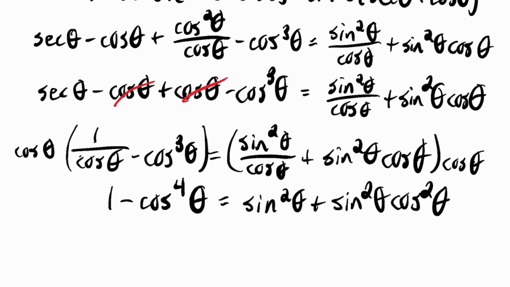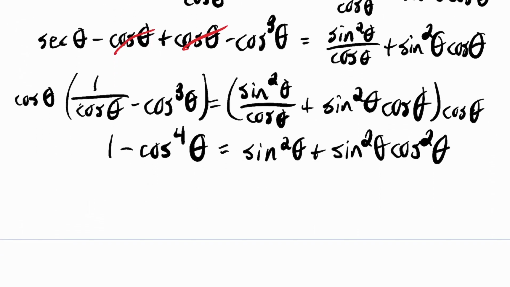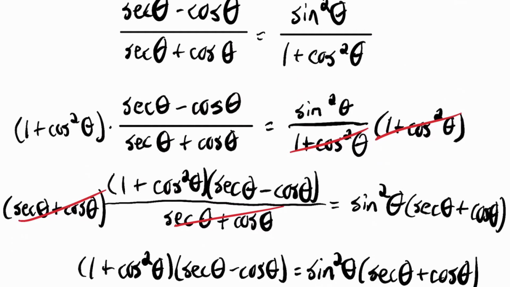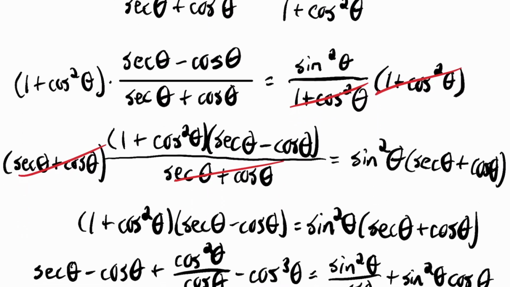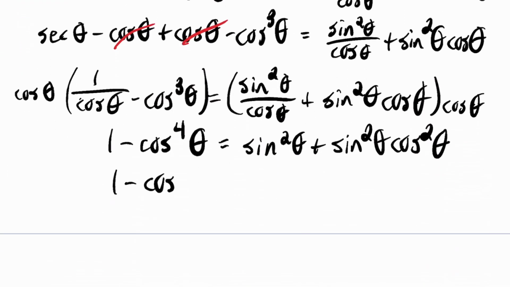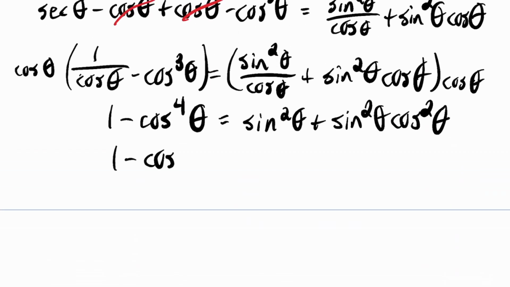So I think the way forward is the following. On the right, I need to factor that sine squared. Maybe I never should have distributed that, because I seem to be factoring the same sine squared back to the way that it was.